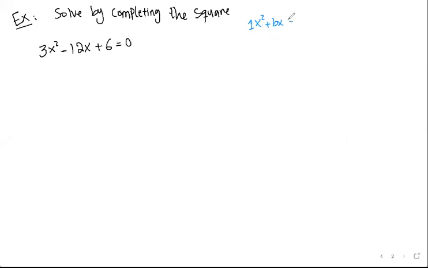So if I have x squared plus bx equals c, I add b over 2 squared to both sides. Then the equation becomes x plus b over 2 squared equals c plus b over 2 squared. Then we solve this equation.